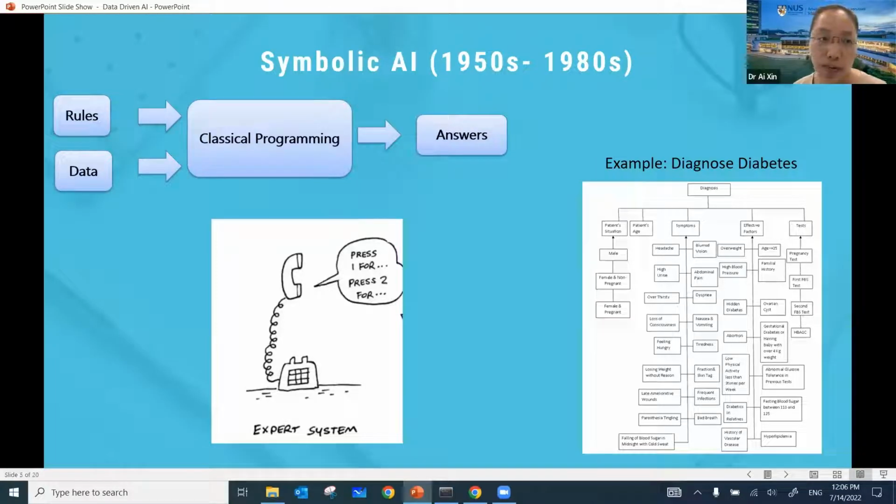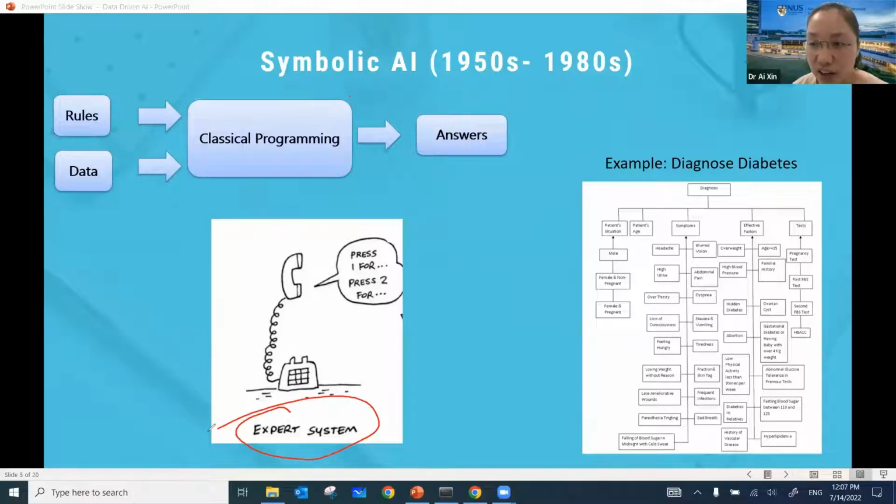Basically, people utilized data and rules, and we needed to set up the exact rules ourselves to let the computer do something previously only humans could do. At this time, the famous application was the expert system. At this stage, AI technology focused on developing many expert systems in different industries and applications.